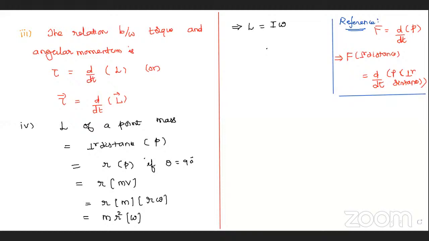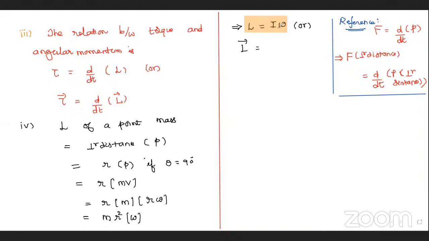Now you see the two physical quantities we discussed today. One is already interlinked with moment of inertia, the formula. You can write it in vector form also: L bar equals I into omega bar.